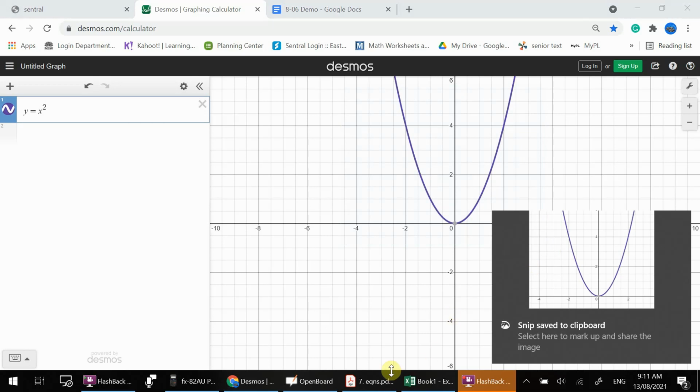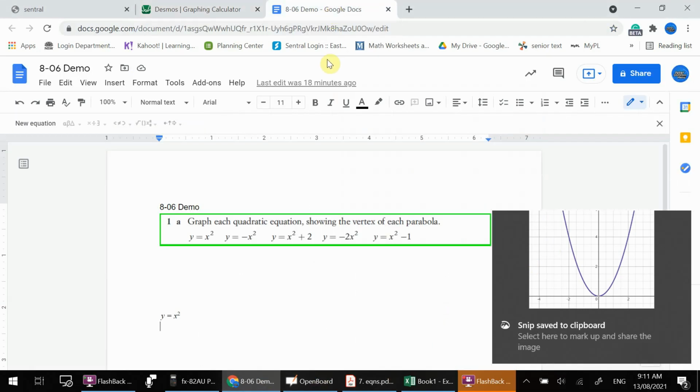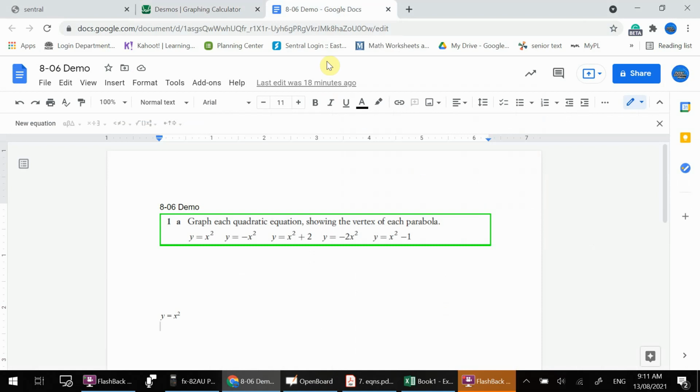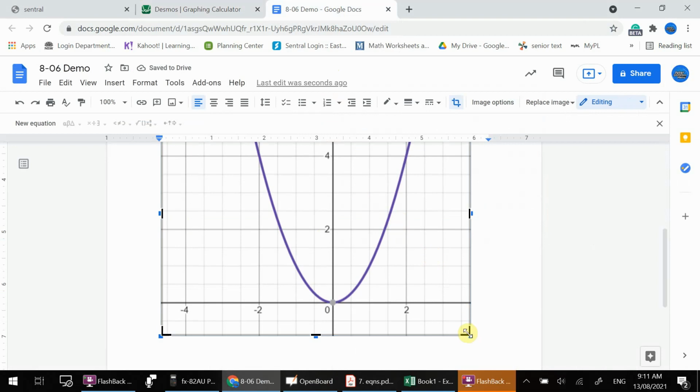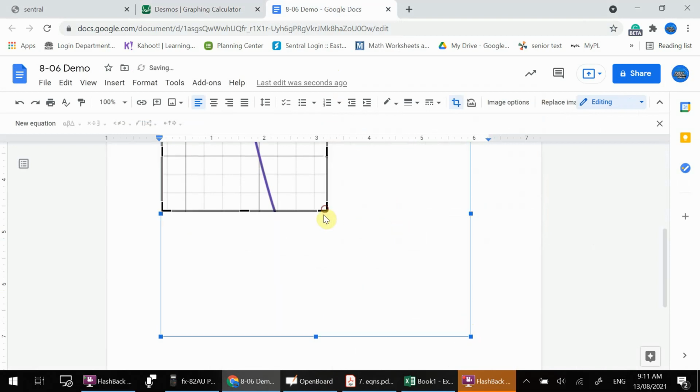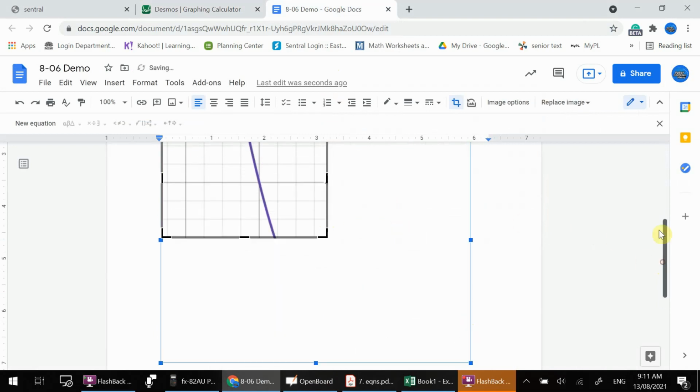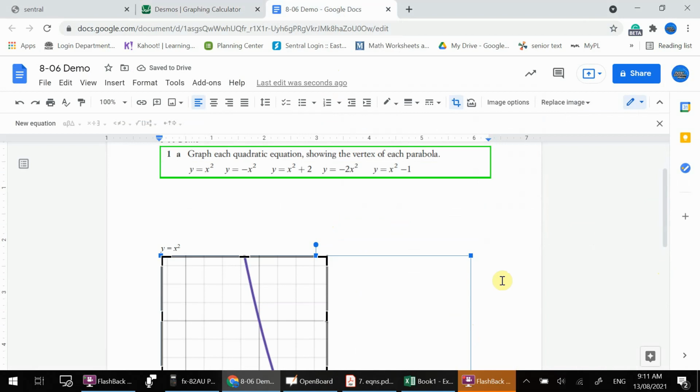And then we go back to here. Just pretend this is your Google Doc that you've got to fill in. Control V to paste it. There it is. Done. And I'm just going to make it a bit smaller. There we are. That's y equals x squared.